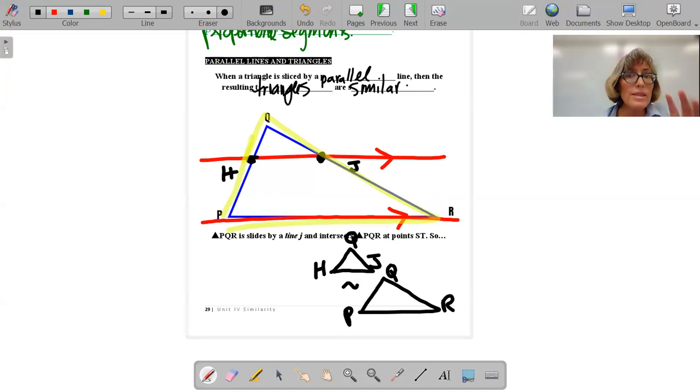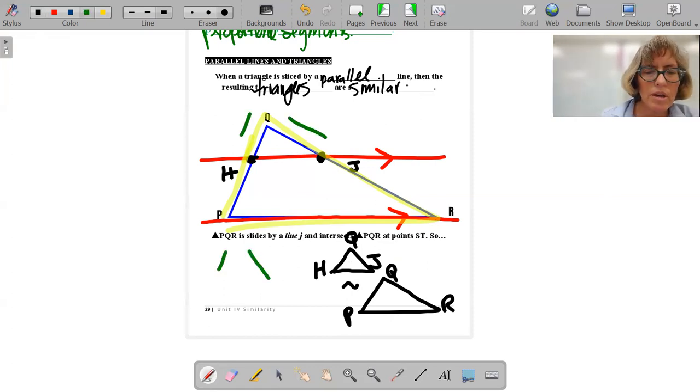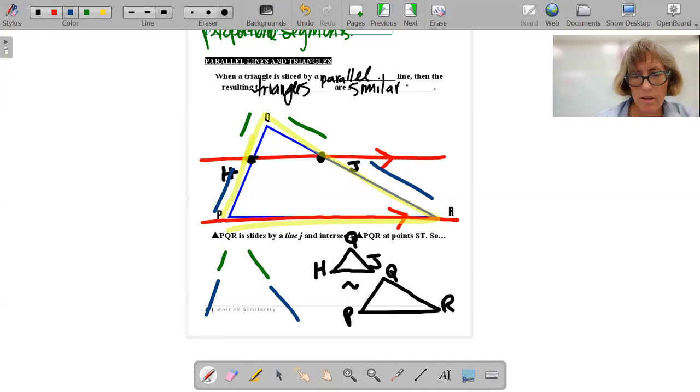You could also look at the same image exactly differently and say these segments here that I'm tracing are proportional. Why is this important? Because once things are similar or proportional, you can solve everything using proportions.